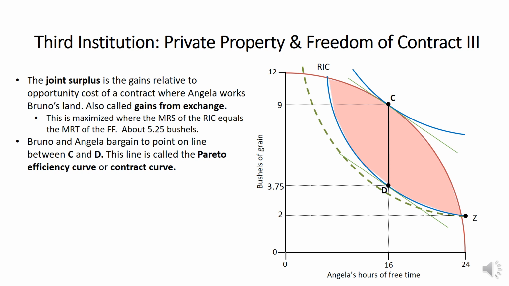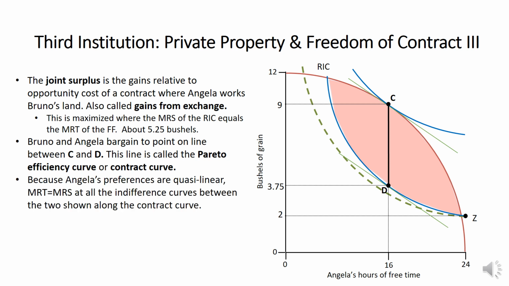And it's a line in this case because of the assumption that we made about Angela's preferences being quasi-linear. So all of the indifference curves between the reservation indifference curve and the one up at the top that C sits on have the same slope, the same marginal rate of substitution when Angela is working for 8 hours or taking 16 hours of free time. And so that means that the contract curve follows a straight line.